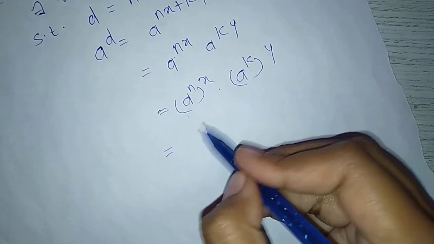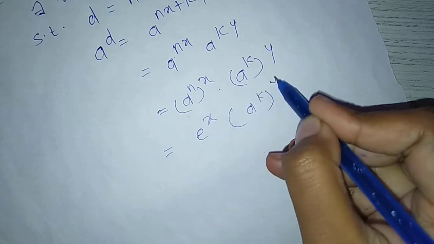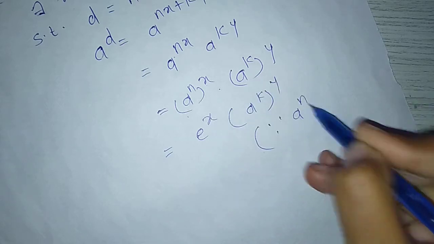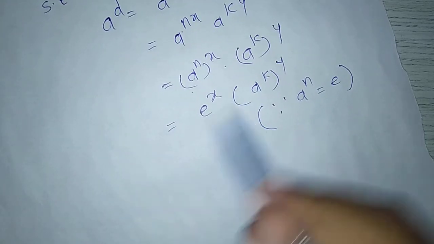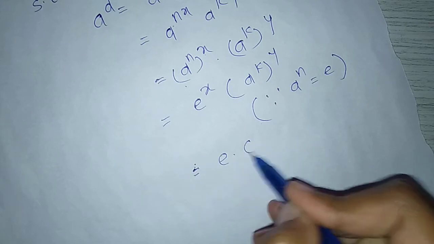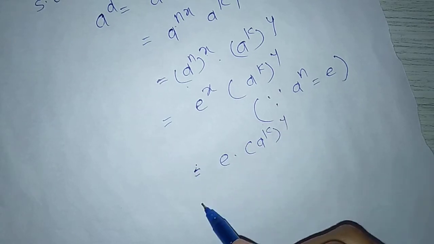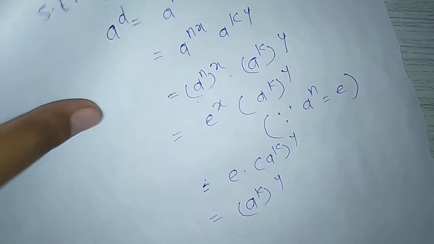A raised to n equals identity, so identity raised to x times a raised to k raised to y, since a raised to n equals identity. Identity raised to any number gives identity, which is equal to e into a raised to k raised to y, which is equal to a raised to k into y.